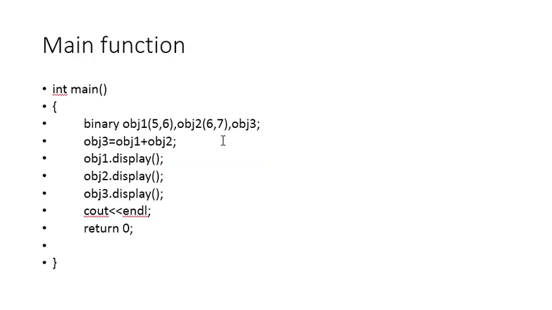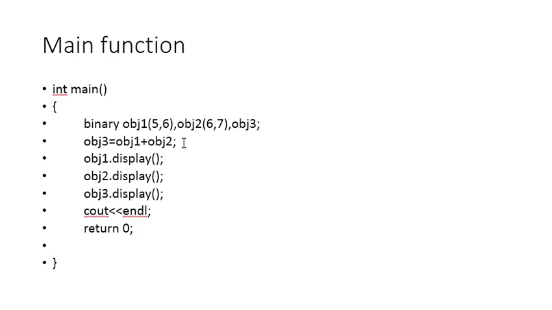In main we just declare three objects, object 1, object 2 and object 3, with Binary as the name of the class. We assign two numbers to object 1 and two numbers to object 2, and the sum will be in object 3.